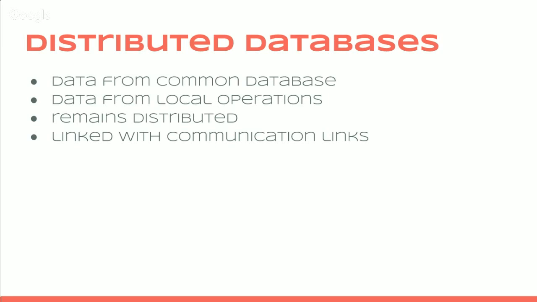So instead of being centralized, the data is distributed out towards others, and it's linked with communication links, which can be a variety of different things, but essentially in a variety of ways the data will be communicated from a central database out towards everyone else.